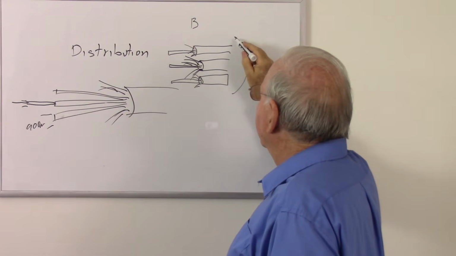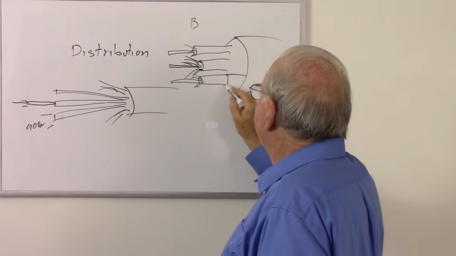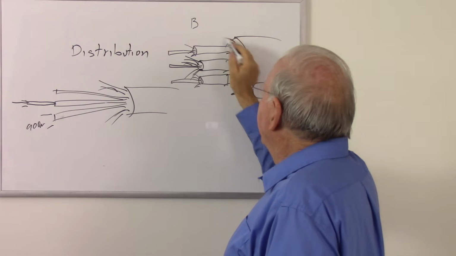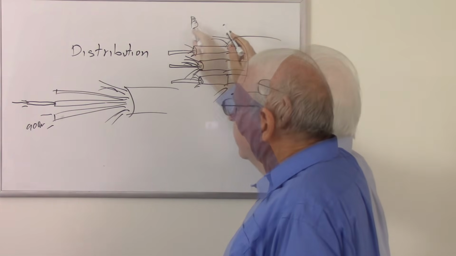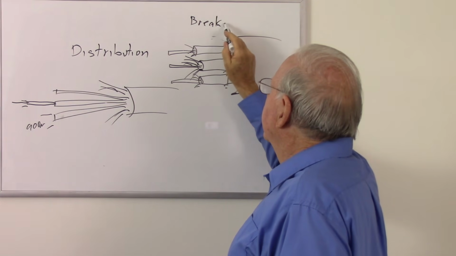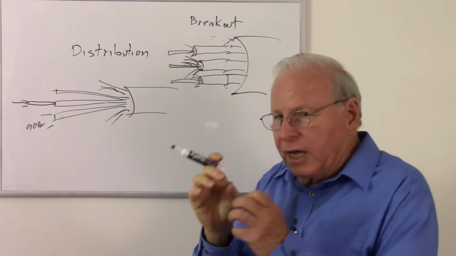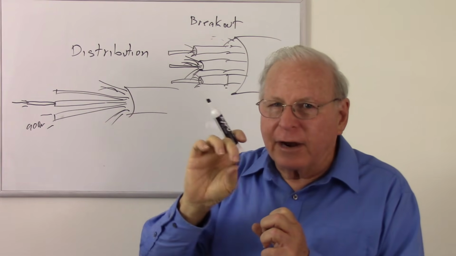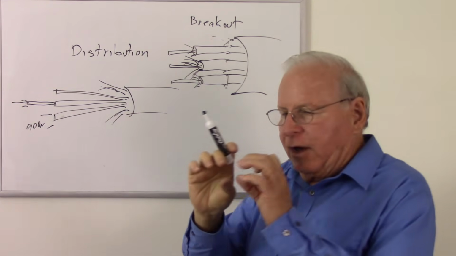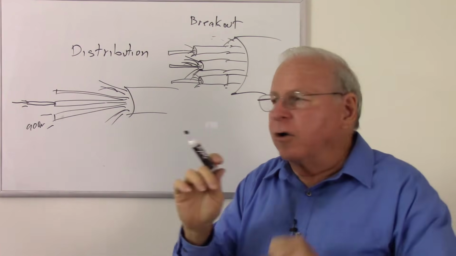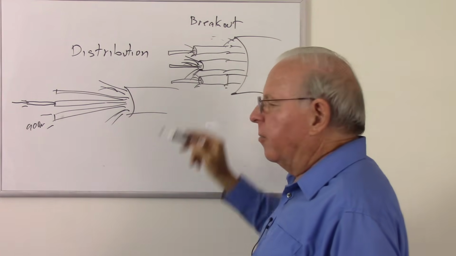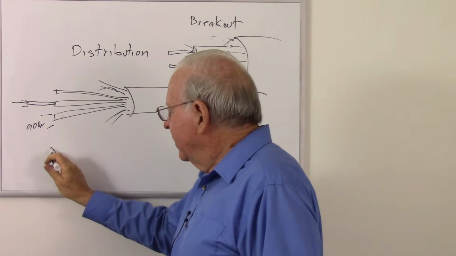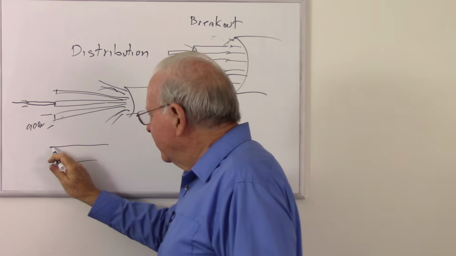Let's put that in its cable with another strength member around it. So distribution, a whole bunch of 1 millimeter, 900 micron fibers. Breakout, a whole bunch of those, but each one has its own individual strength member and jacket. Let's go through the progression here.